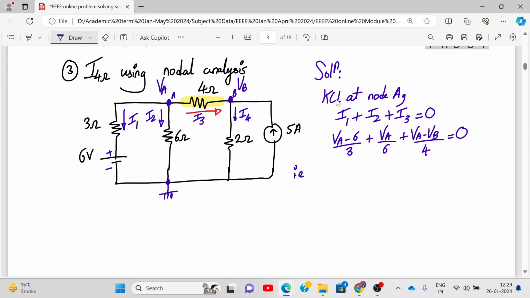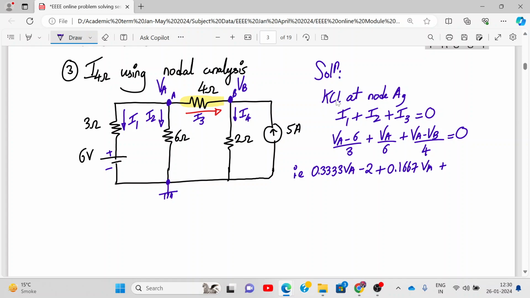1 by 3 will be, can you calculate and tell me? 0.33, right? This will be 0.333 VA minus 2. What is 1 by 6? Can you tell me by calculator? How much is it? 0.1 never ending 6. 0.1667 VA.